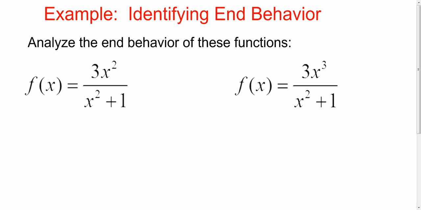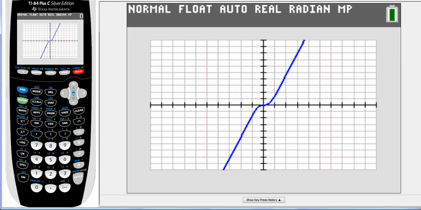On this one, when we graph it, this is 3x cubed over x squared plus 1. As I move off the right side of the graph, and I keep moving right, my y values are getting higher. So on the right side, my limit as x approaches positive infinity, all that's telling me is I'm moving off the right side of the graph.